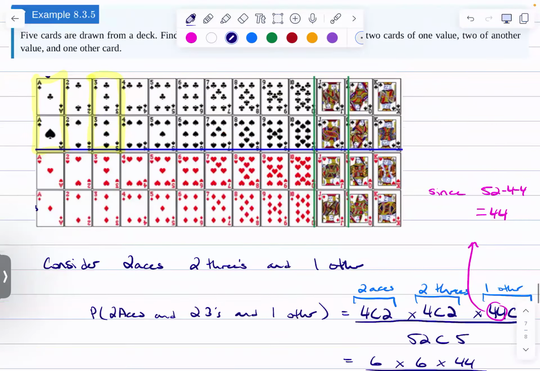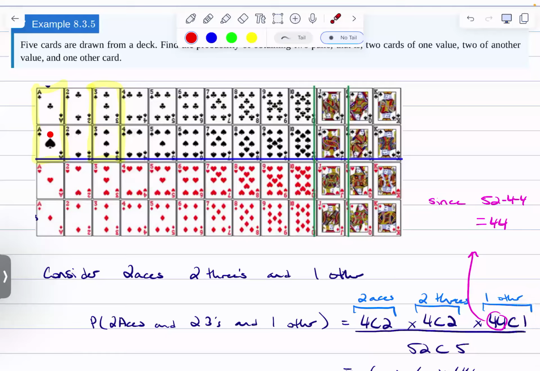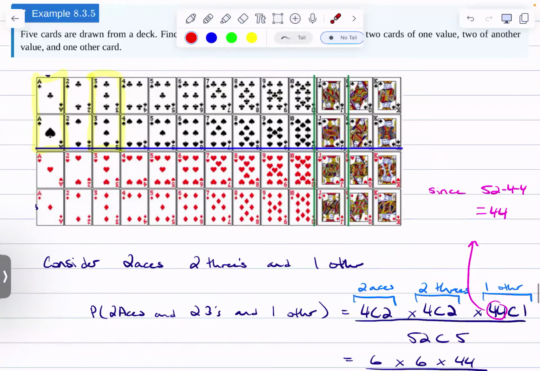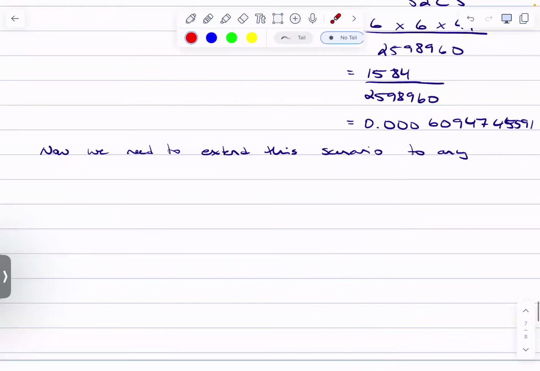And in terms of my pairs, I have 1, 2, 3, 4, 5, 6, 7, 8, 9, 10, 11, 12, 13 different values that I can choose 2 sets of pairs from. And so I get any 2 pairs from 13 values.